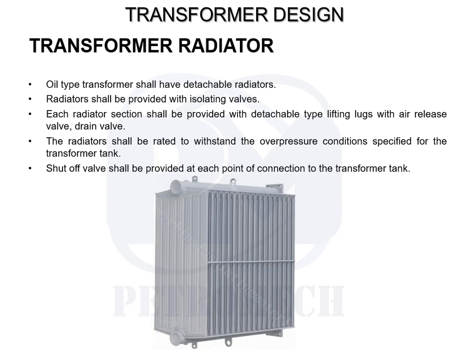The radiator shall be rated to withstand the overpressure condition specified for the transformer tank. A shut-off valve shall be provided at each point of connection to the transformer part. So if you can see here, this is, let's say, the inlet, and this would be the outlet of the oil. The oil would be recirculating in this radiator for cooling purposes.